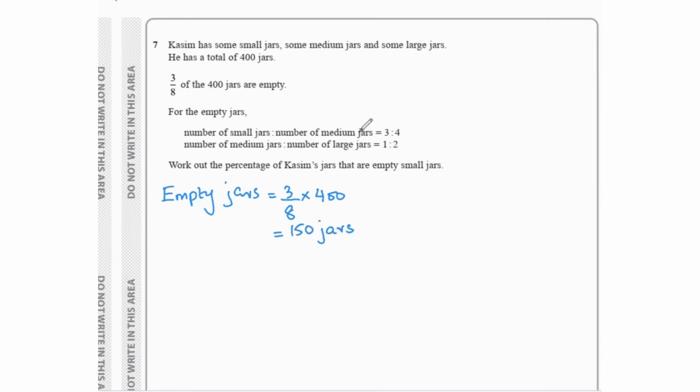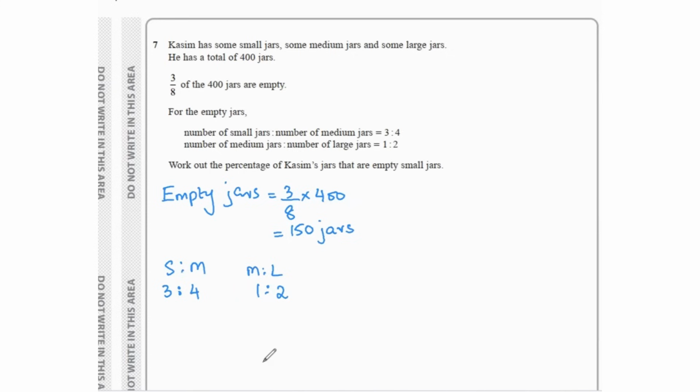Now, small jars to medium jars is 3:4. So small is to medium is 3:4. And medium is to large is 1:2. What we can do is combine it as a single ratio with small, medium, and large.